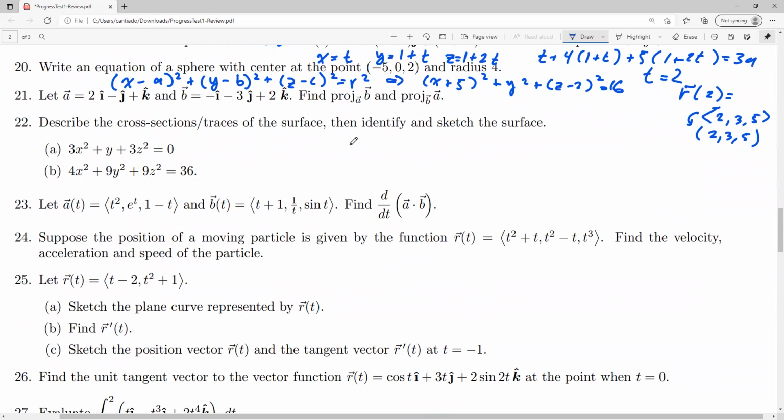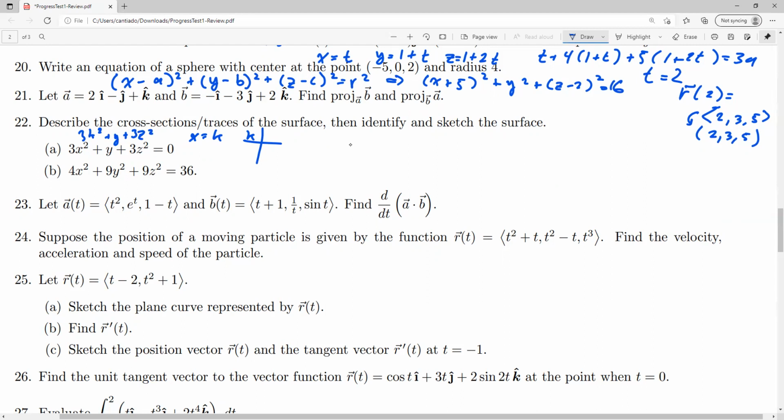So in order to find the cross-sections, what we tend to do is set each of these variables one by one as k, and then we change the value for k and see what shapes we see, right? So for example, if we let x is equal to k, and then we make a table of k, and then if we substitute this in, we get 3k squared plus y plus 3z squared.